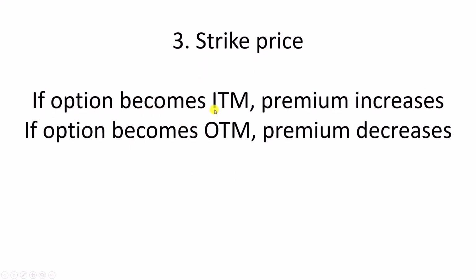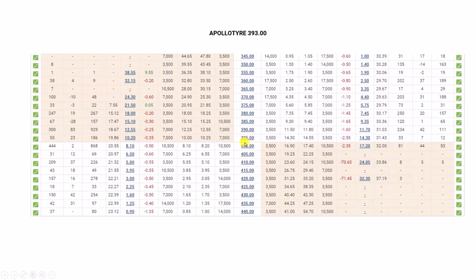If the option becomes in the money, premium increases. Meaning, let us say that you had bought 400 CE call option today. Okay, today the spot price is 393, but you had bought call option of 400 strike price. Now, what is 400 strike price according to this? It is out of the money. Correct? It is out of the money according to today's price.